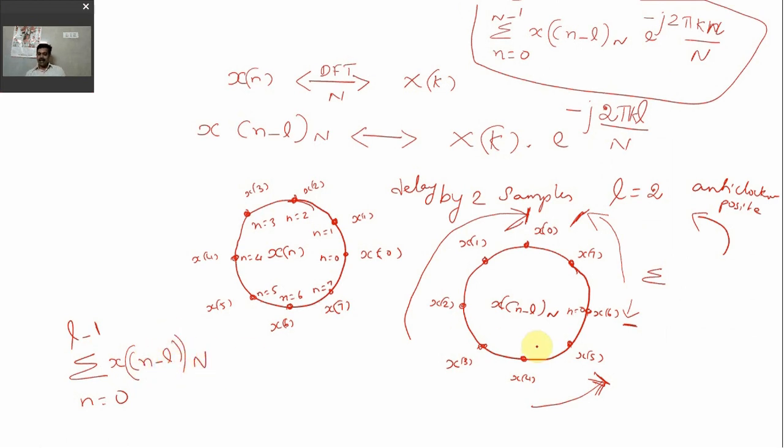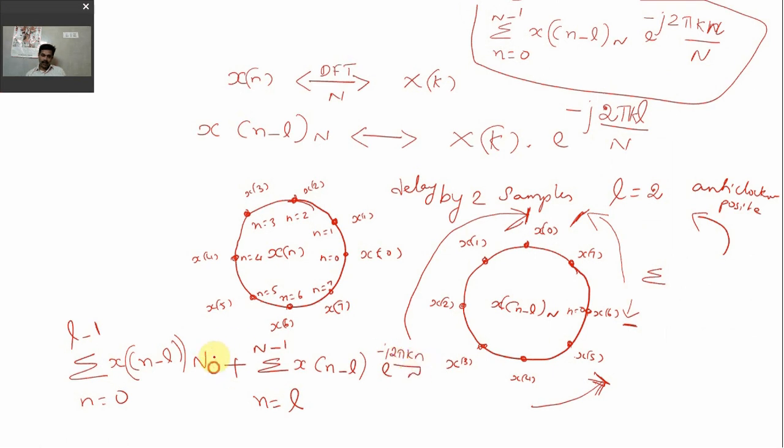So why? Because here you are circularly convolving by two samples, plus the summation of l equal to 2 to n minus 1 of x of n minus l into e to the power minus j 2 pi k n by n.